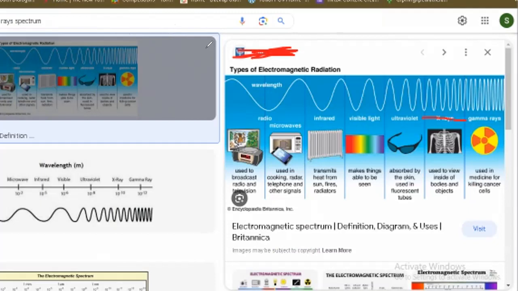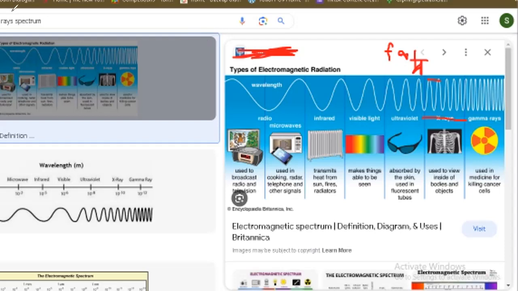Why is the frequency high? Because the wavelength, which is the distance from here to here, is less, and frequency becomes high, meaning the number of waves passing a particle will become more because of low wavelength and high frequency.